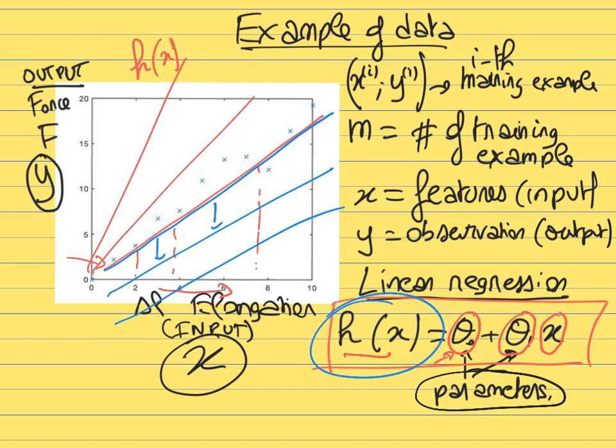So in this case, the training examples x and y are fixed values. Those are the values that you have measured. The values of x are fixed. You have different examples x and different values of y. Those are now fixed. And what you are going to vary is the values of theta naught and theta 1.